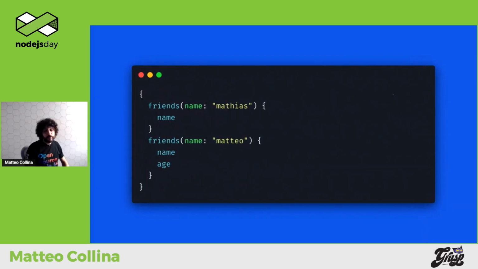Another feature of GraphQL is that you can use it to issue two queries in parallel. You can do a query with two queries, or 10, or 5, or whatever, and the runtime would pack them and send all the data back to you, to your browser or to your mobile.